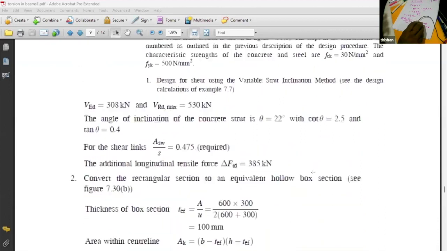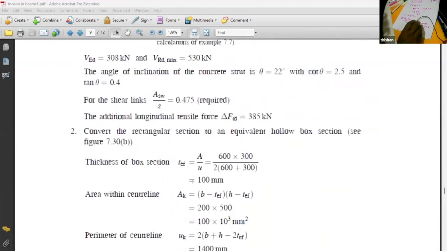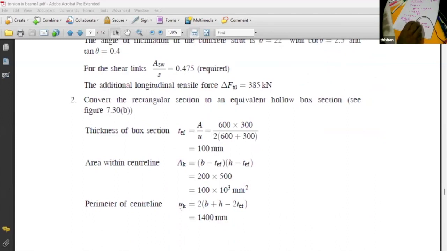The wall width is 100, t effective is 100 millimeters. This is the example we did last time. The area underneath is this. And what is uk? uk is the perimeter of the central line.